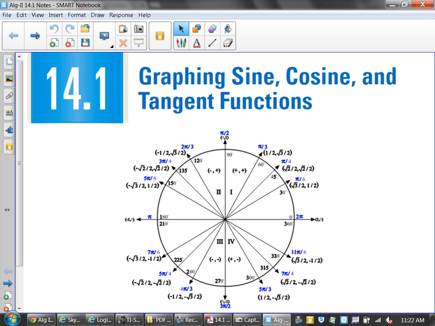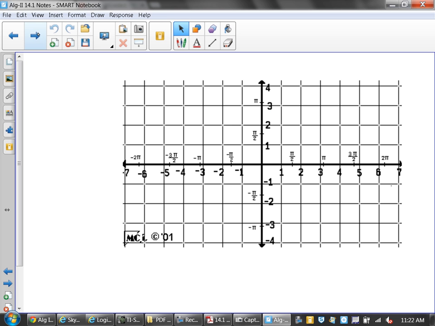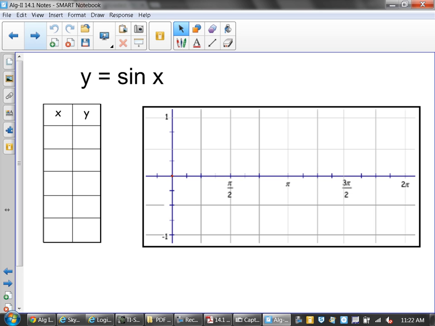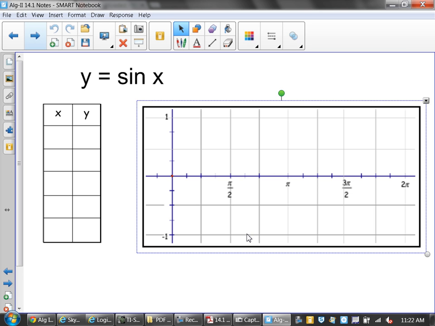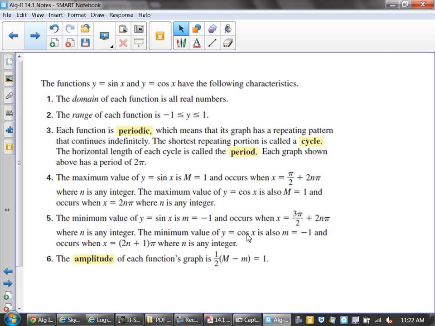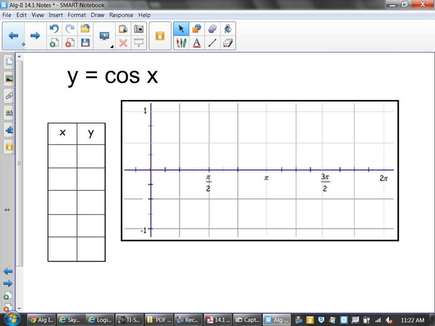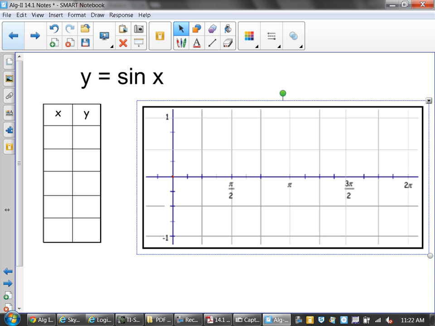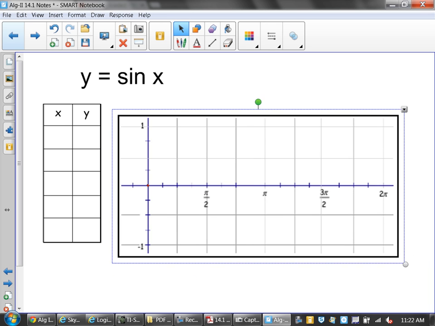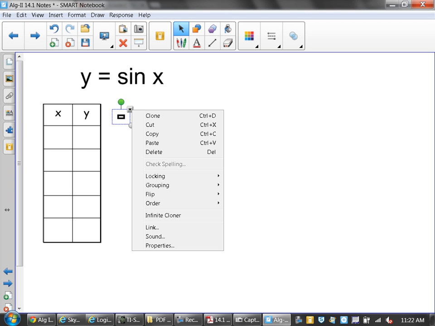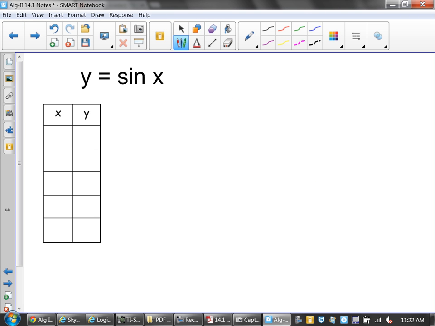So here's what I want to do. Again, I want to look at where we started out with that real basic sine graph. When x was 0, y was 0. This is for sines.